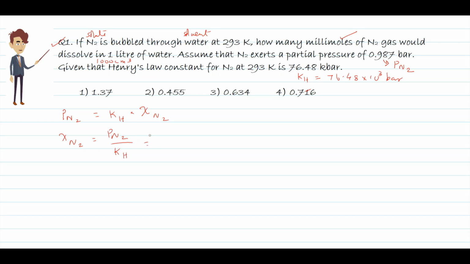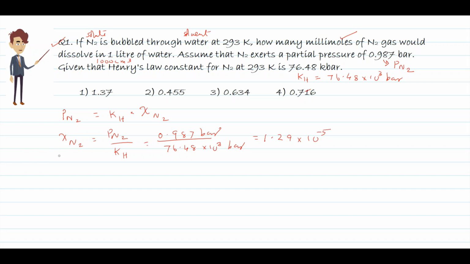Substituting the values, partial pressure of nitrogen 0.987 bar, Henry's law constant 76.48 into 10 raised to 3 bar. On solving we get the value 1.29 into 10 raised to minus 5.